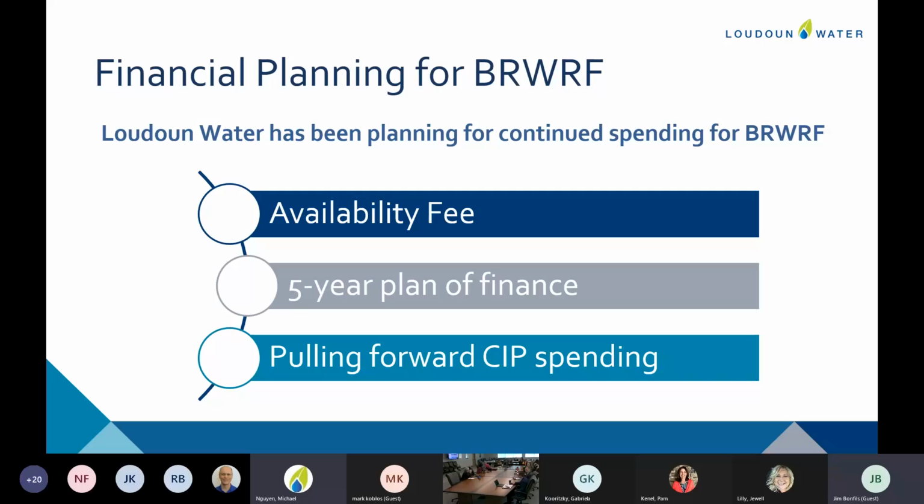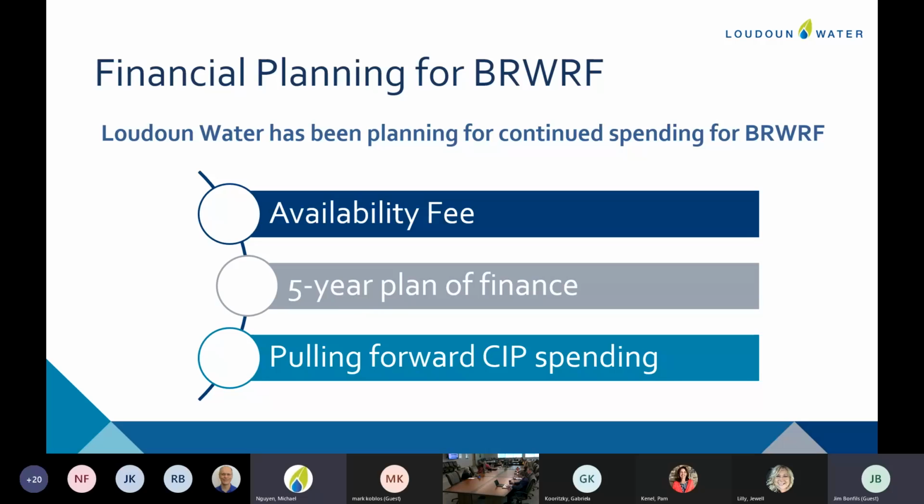And then what we're doing here is really pulling forward some of these capital costs based on the planning effort that was done. We're taking a little bit different approach. When you pull those CIP costs forward a bit, you go back and you see what that does to your financing plan. This is a good example of how all of these systems fit together, right?